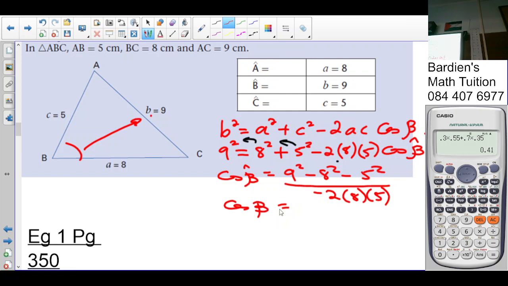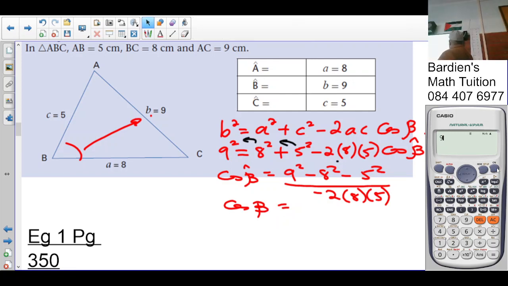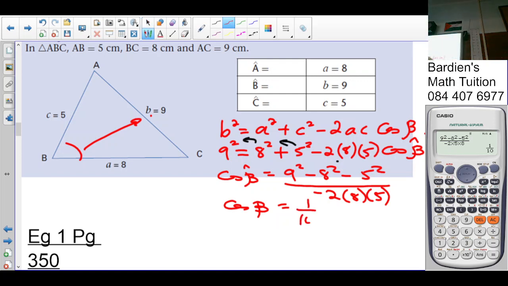Cos B is simply going to be 9 squared minus 8 squared minus 5 squared over negative 2 times 8 times 5, which gives you 1 over 10. So is this angle obtuse or acute? Acute.